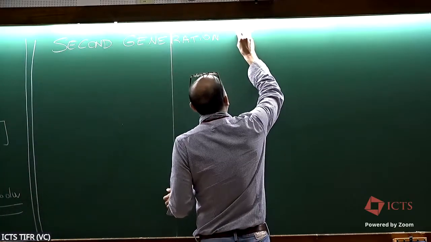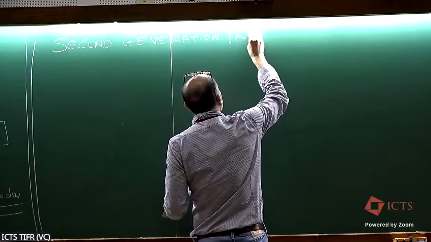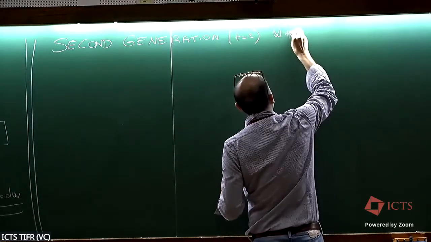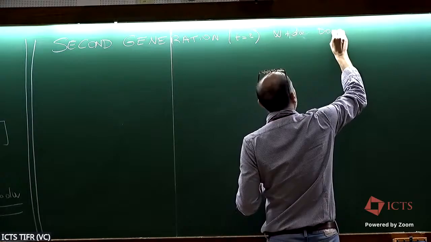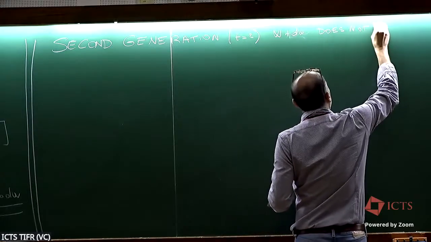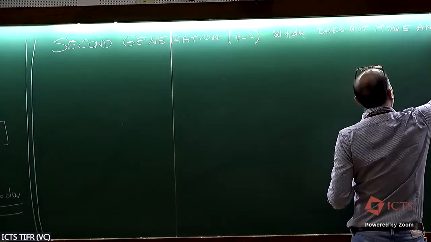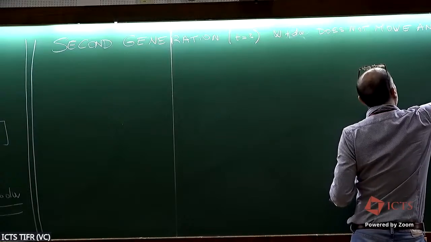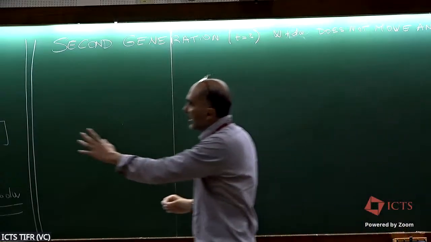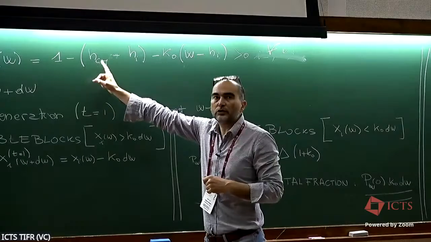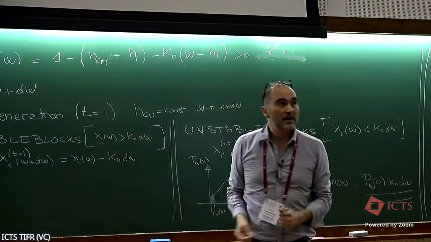So this is the time t equal 2. So W does not move anymore, or W plus delta W does not move anymore. So this term is fixed. But what moves, now the HI has moved, this we took into account, but what we didn't take into account is that now the center of mass has moved, okay?